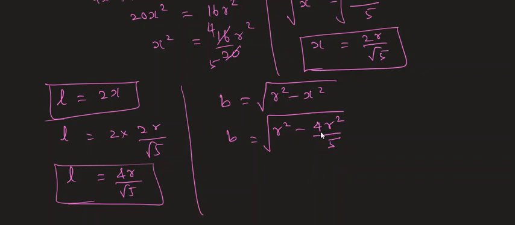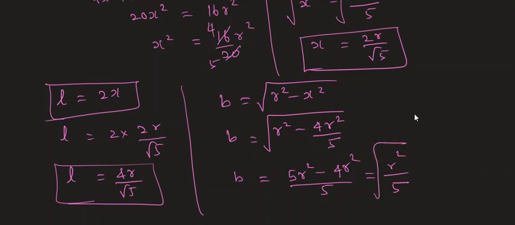So we get r squared minus 4r squared by 5, which is equal to 5r squared minus 4r squared whole divided by 5. This is B. That is equal to the square root of r squared divided by 5, everything inside the root.